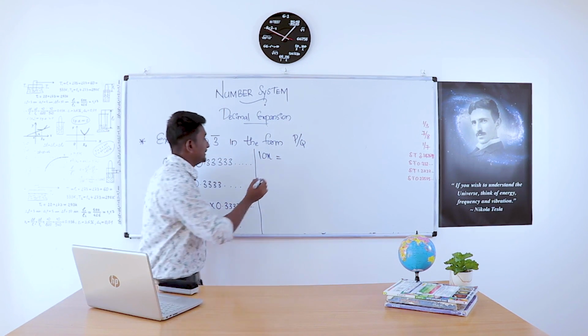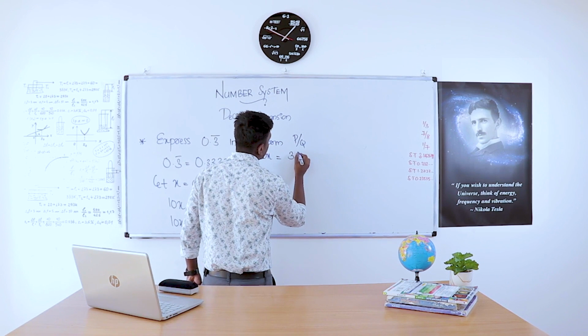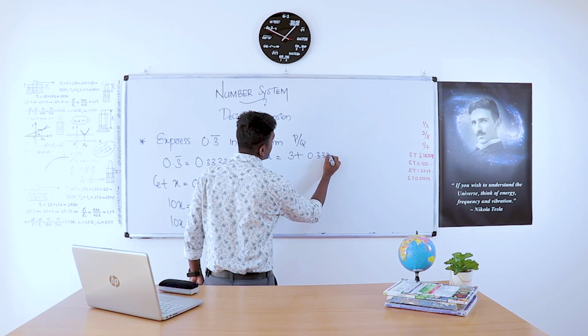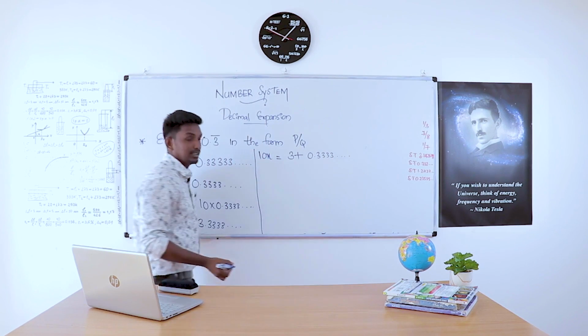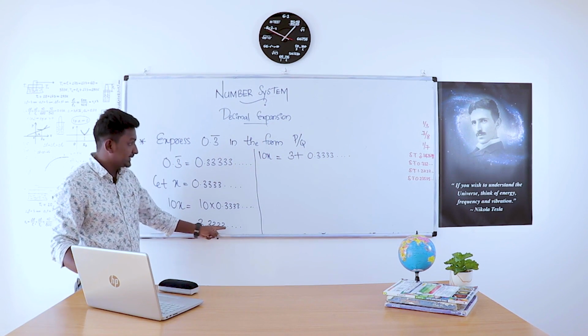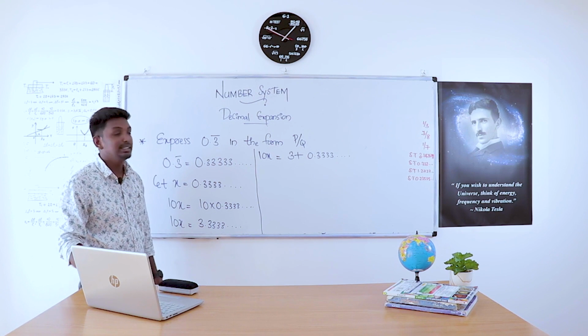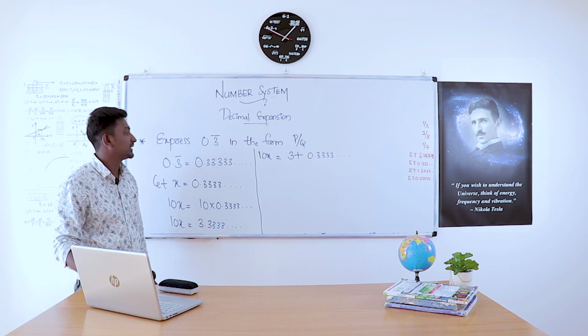Now, 10x is equal to 3.333, etc. This can be split into 3 plus 0.33333, etc. 3.3333 can be expressed as 3 plus 0.3333, etc. Okay, clear?